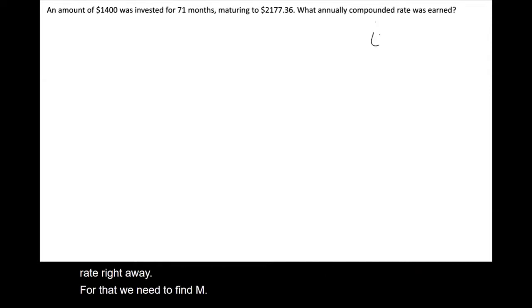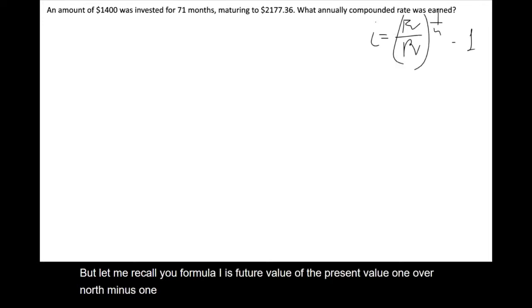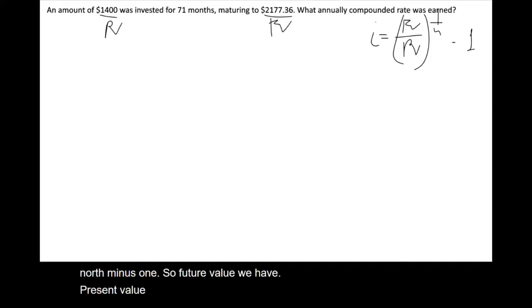But let me recall your formula. I is future value over present value, to the power 1 over n, minus 1. So future value we have, present value we have, we need n, right? So what n is?